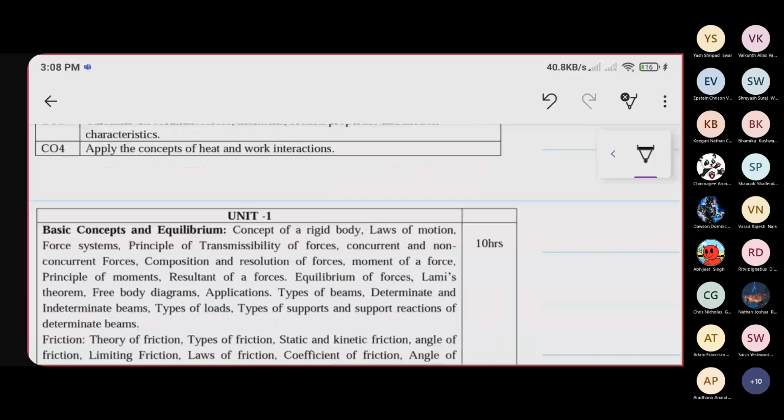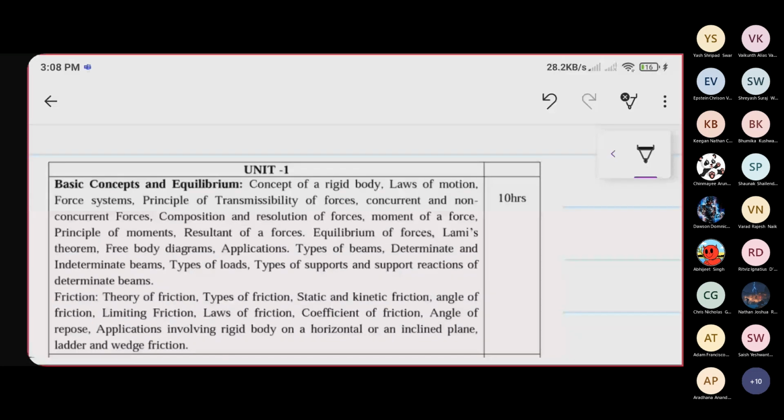In unit 1, basically we are going to study concept of rigid body, laws of motion, force system, principle of transmissibility of forces, concurrent and non-concurrent forces, composition and resolution of forces, then moment of force, principle of moments, resultant of forces, equilibrium of forces, then Lami's theorem, free body diagram and its application, types of beams, determinate and indeterminate beams, types of loads, the different types of loads.